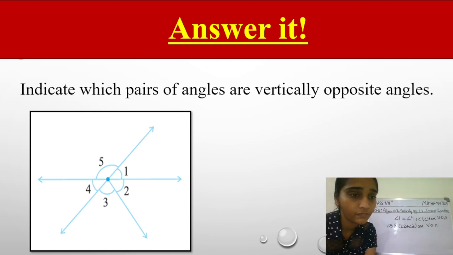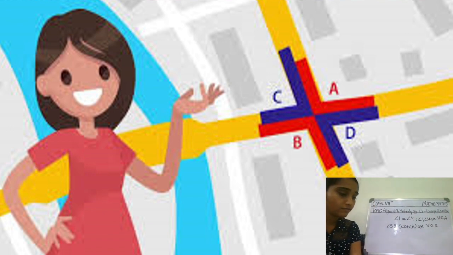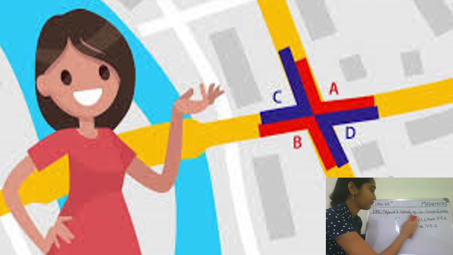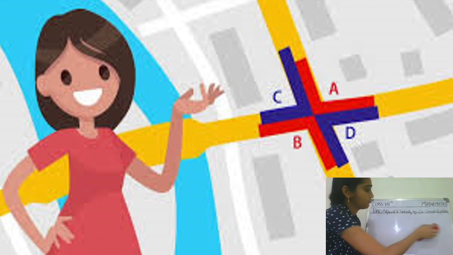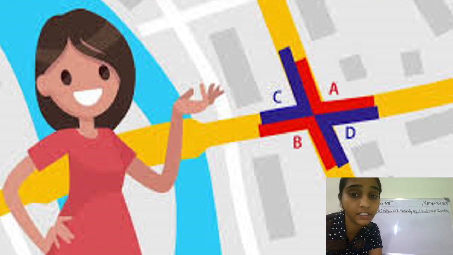Okay, very good. So now students, there is one more image in front of you. What is this lady telling? Yes, she is indicating something, right? She's making us look at something. I think this is also a road map like I discussed with you, if a few road connections are there.